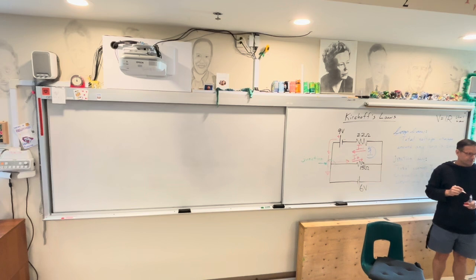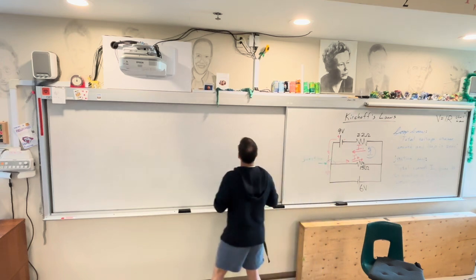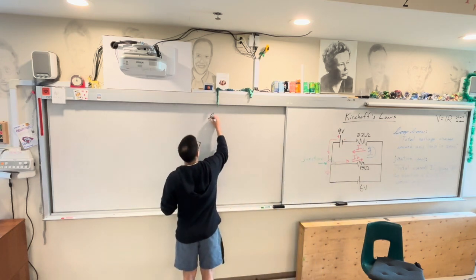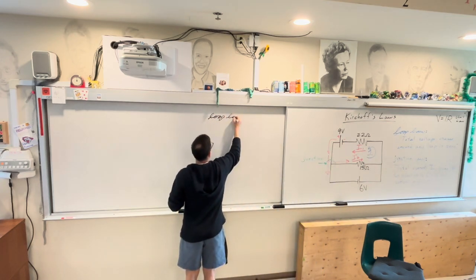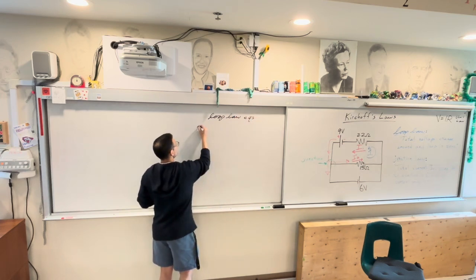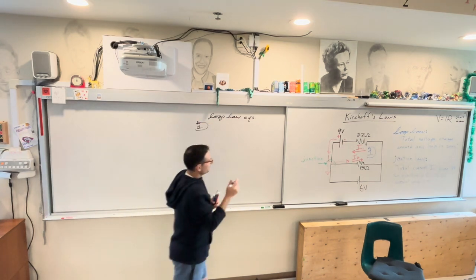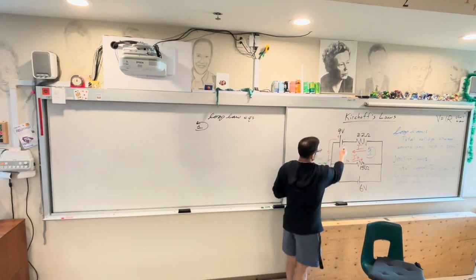You with me so far? Okay. So for our loop law, we'll make some equations for that. We'll say 1, and it's going this way. So I kind of just label it like that. And we say, let's start at the battery.